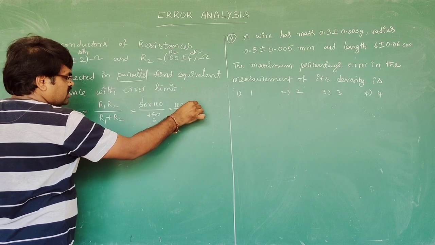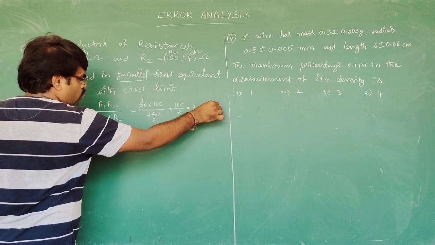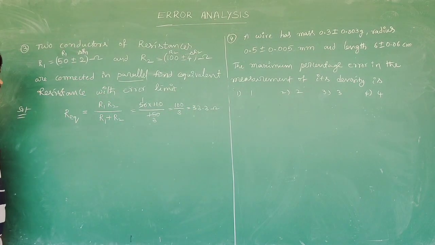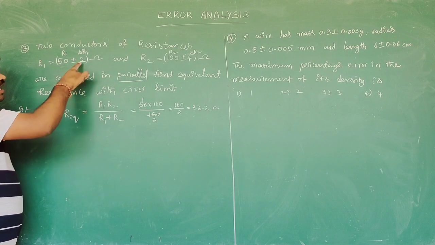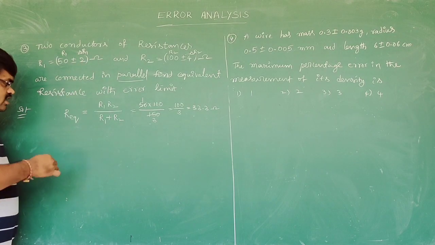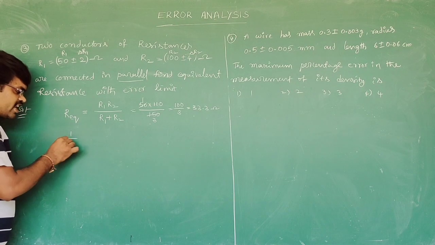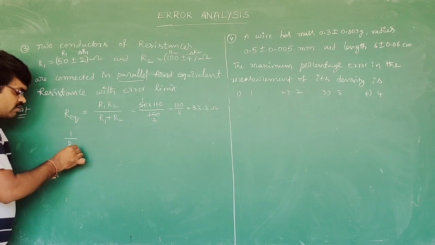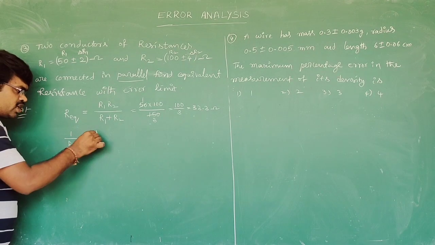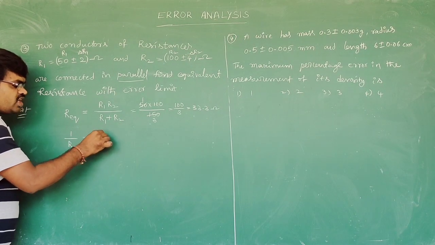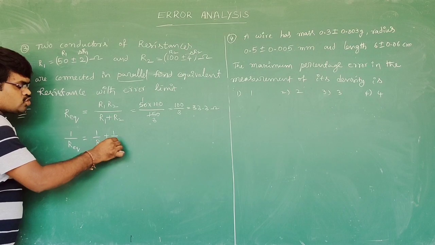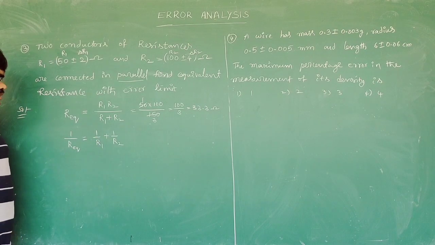That value is 33.3 ohms. This is the equivalent resistance. But errors are also there. Then what is the actual formula of the parallel combination? The reciprocal of the equivalent resistance must be equal to the sum of the reciprocals of the individual resistances.